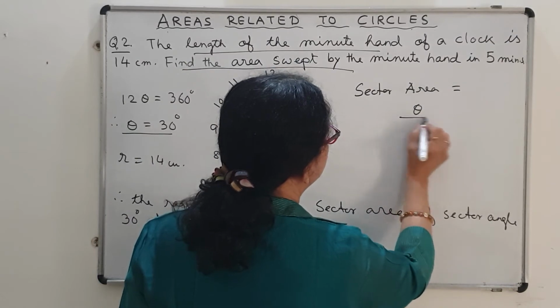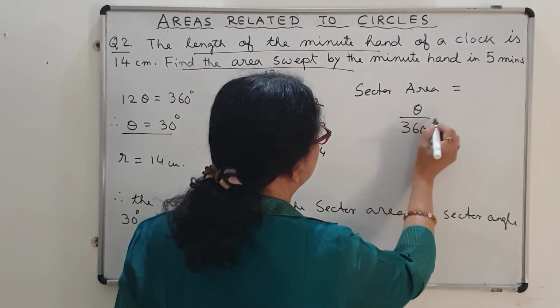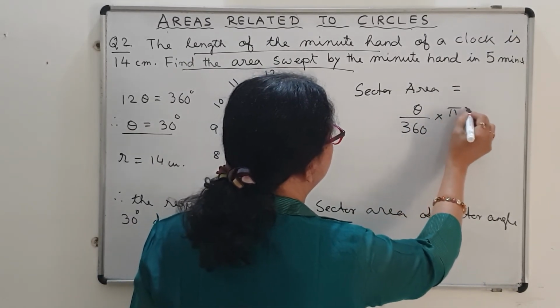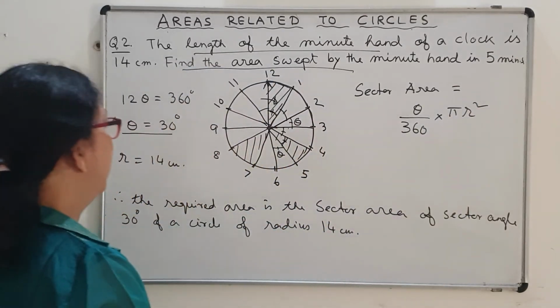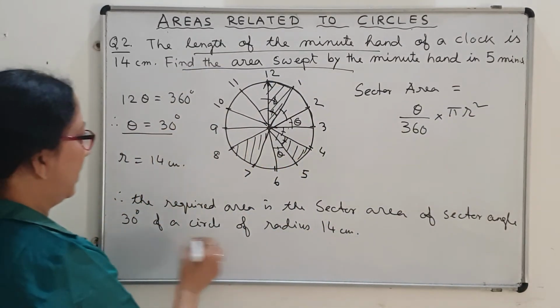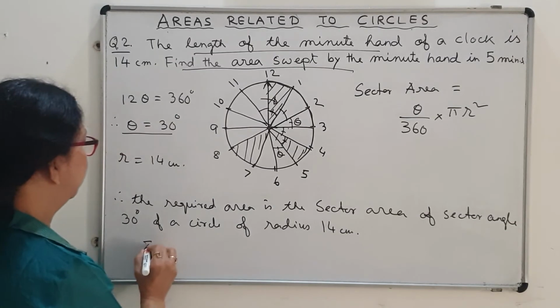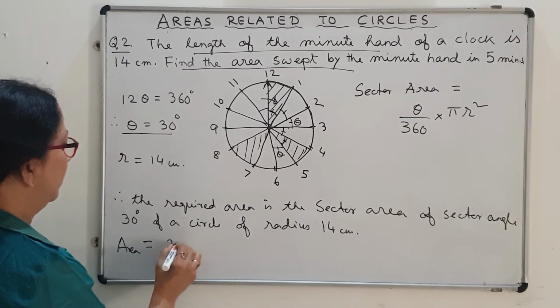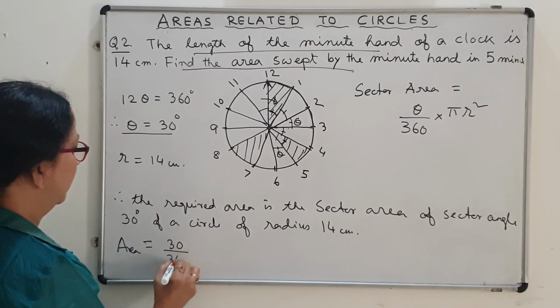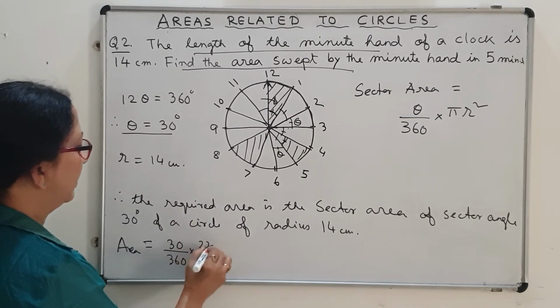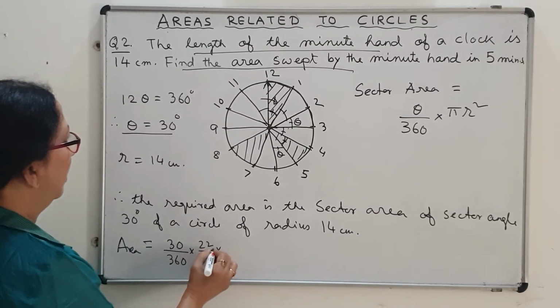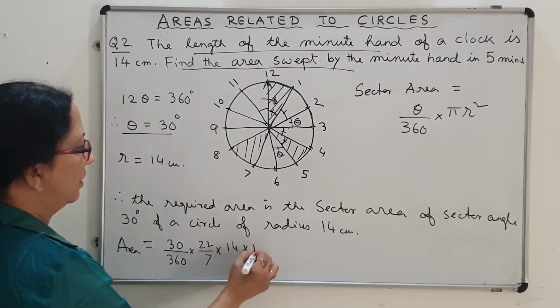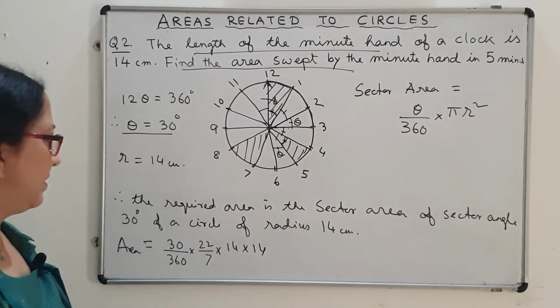It was theta by 360 into pi r square. So this is the required area. It will be 30 by 360, into pi which is 22 by 7, into r which is 14 into 14. So pi r square, in this way.